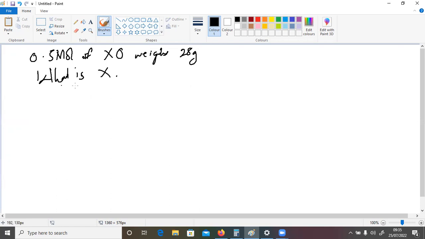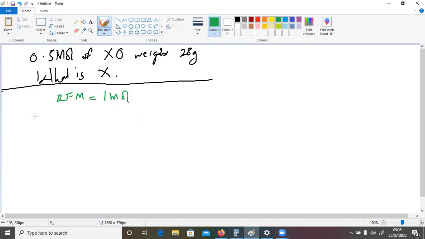So you know that if we are going to find this correctly, when we are looking at the relative formula mass, we look at 1 mole, not half a mole.